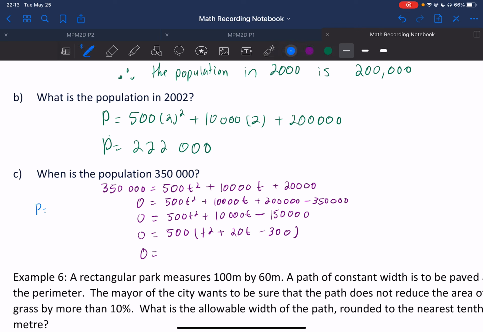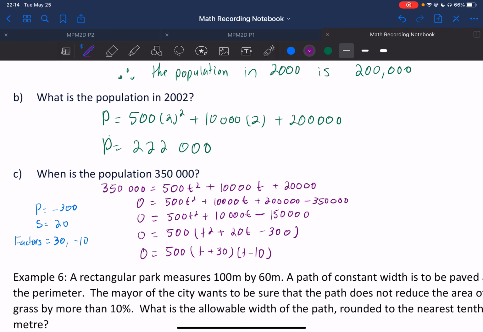So our P is negative 300, our S is 20, and our factors are a nice positive 30 and negative 10. So that means 0 equals 500, bracket T plus 30, T minus 10.